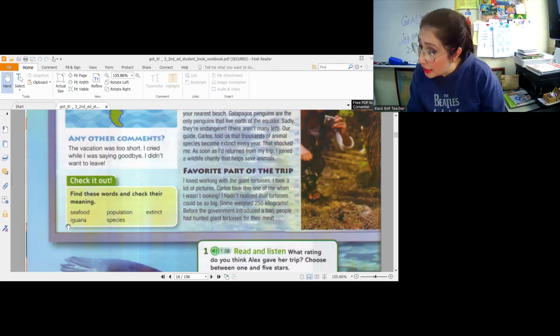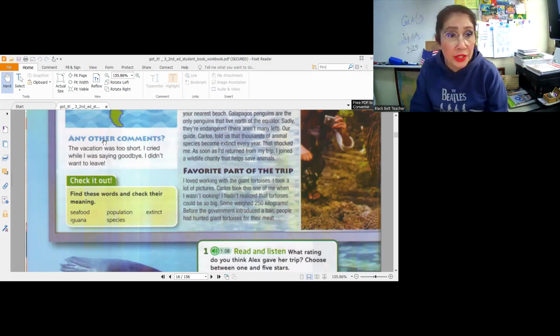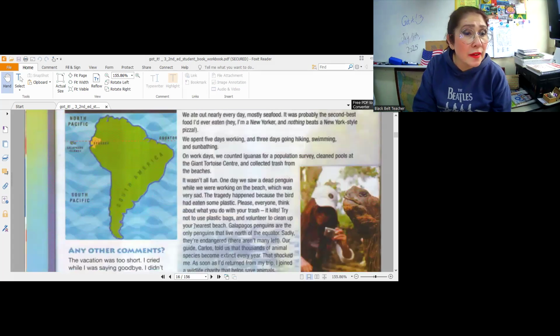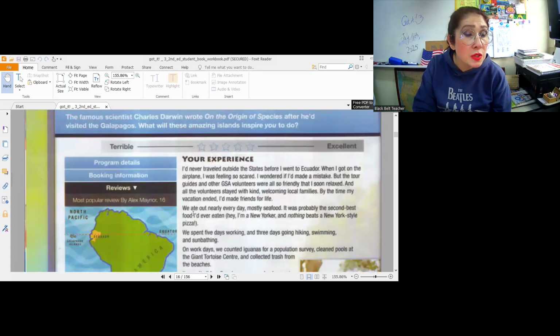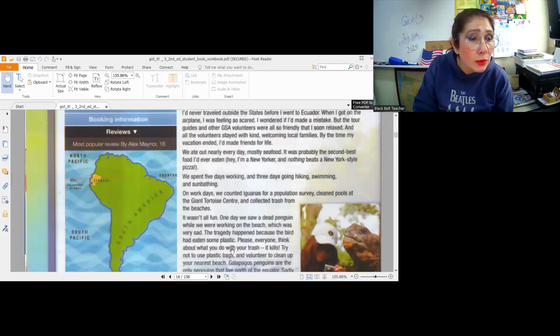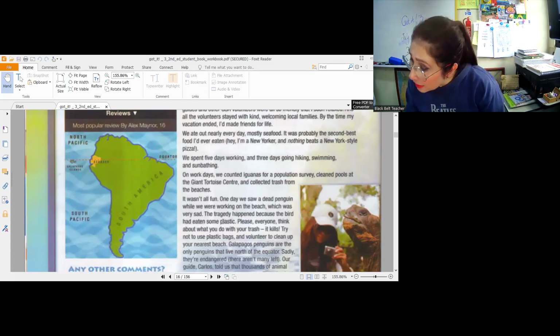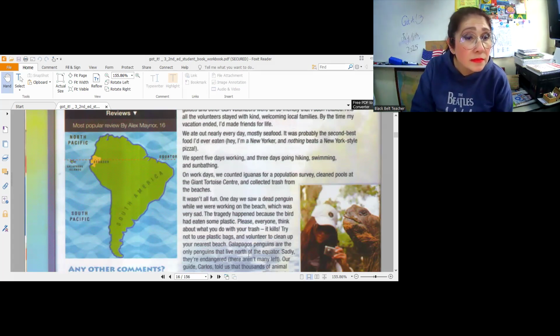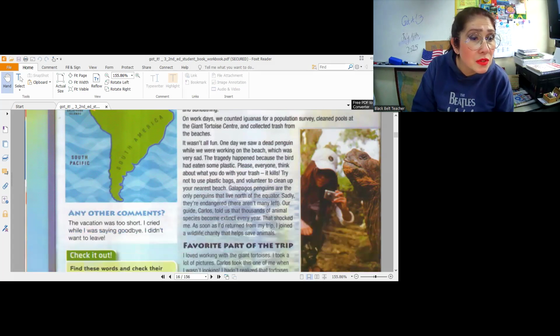Iguana. Let's see if we find iguana here. Iguana is a very popular species. Hold on. Sunglasses here. Penguins.